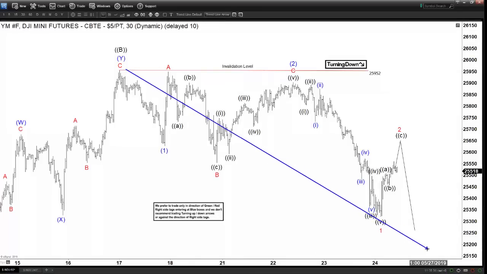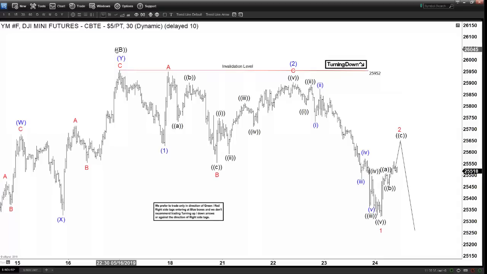Wave C needs to be in 5 waves, right? When you see a B, you have only two choices. Either it is a zigzag, an ABC zigzag, or it can also be a flat, which is also labeled as an ABC. But whether it is a zigzag or a flat, the C leg in both of those structures needs to be 5 waves anyway.